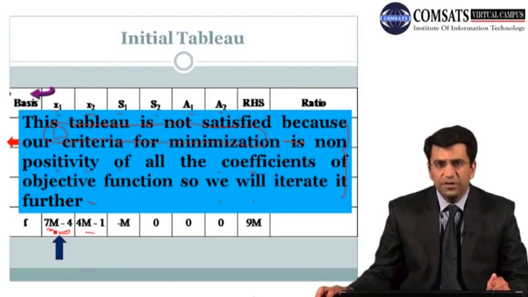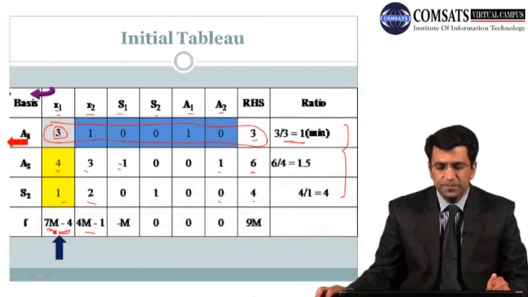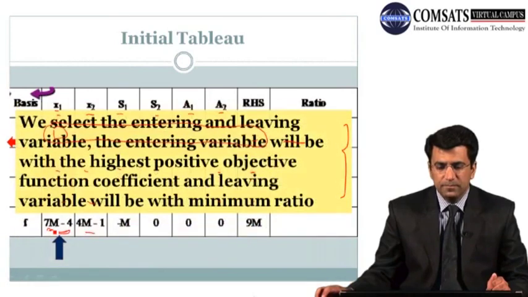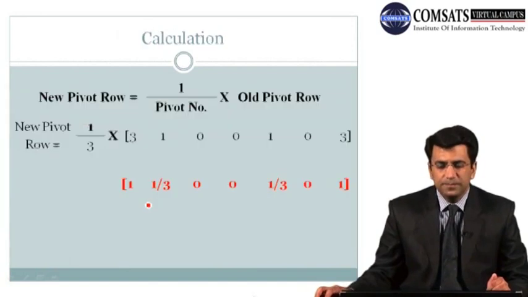So we'll have to formulate and reformulate another table. Again class, as I have discussed, we select the entering and leaving variable. The entering variable will be with the highest positive objective function coefficient, and the leaving variable will be with the minimum ratio. So we have already identified these entering and leaving variables.